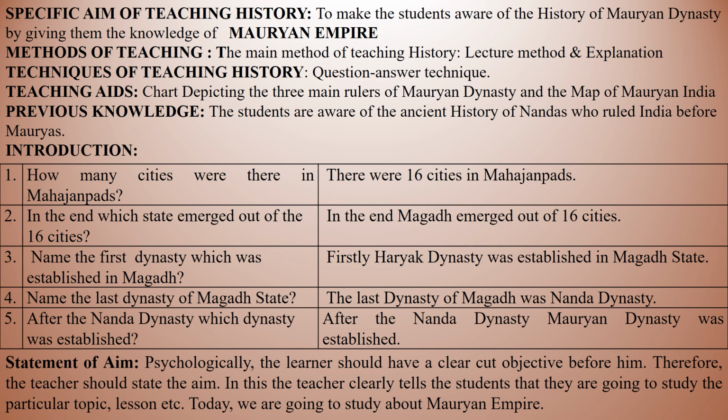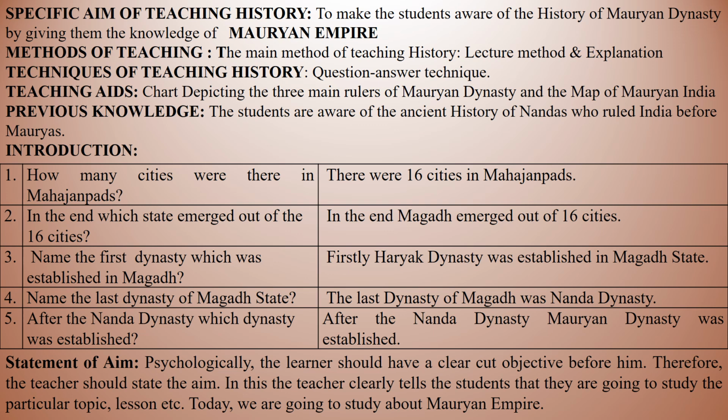The next question which the teacher will ask is: name the last dynasty of Magadh. The student will answer that the last dynasty of Magadh was the Nanda dynasty, and the last question will be: after the Nanda dynasty, which dynasty was established? The students will answer that after the Nanda dynasty, Mauryan dynasty was established.